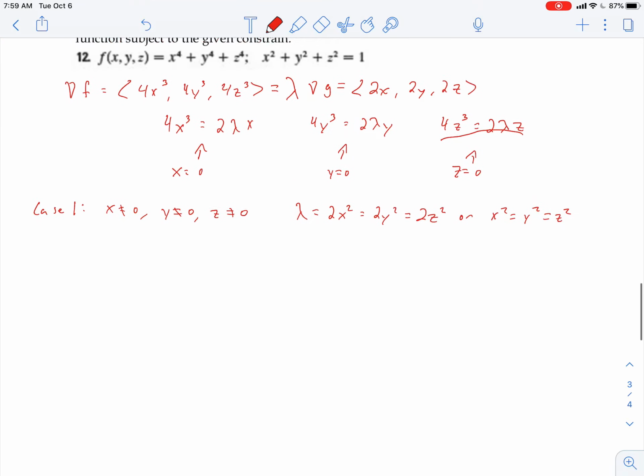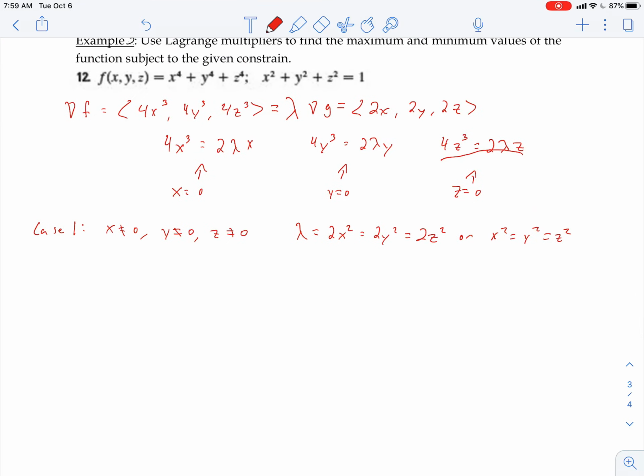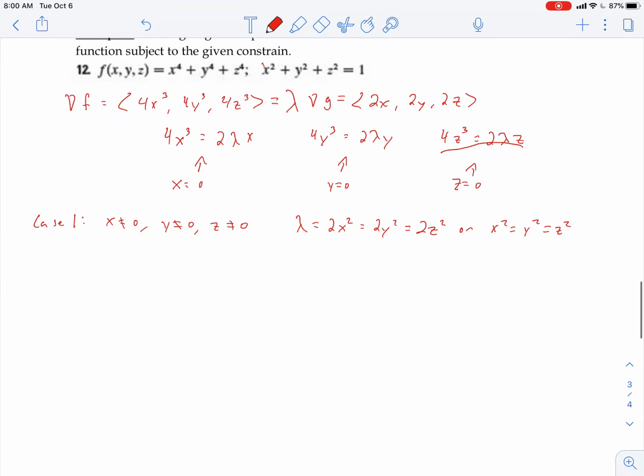Now, if x squared equals y squared equals z squared, and we plug that into our constraint, we could plug all those in as x squared plus x squared plus x squared equals 1. We'd get 3x squared. You don't have to plug it in, hopefully you see it.